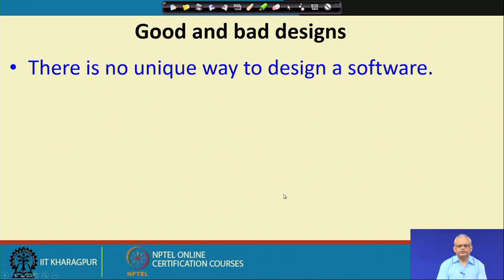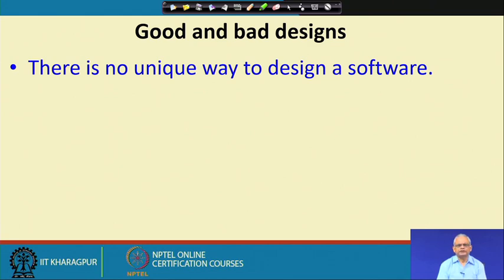Another reason why we must know about good designs is that we must be able to distinguish between good and bad designs, or in other words, we should be able to evaluate between design alternatives. During the various design steps, we will see that alternate solutions are possible.